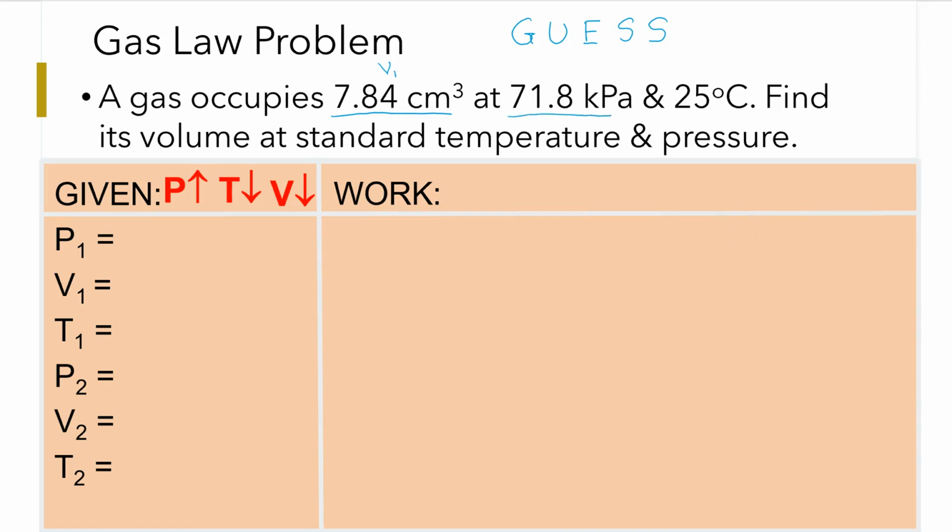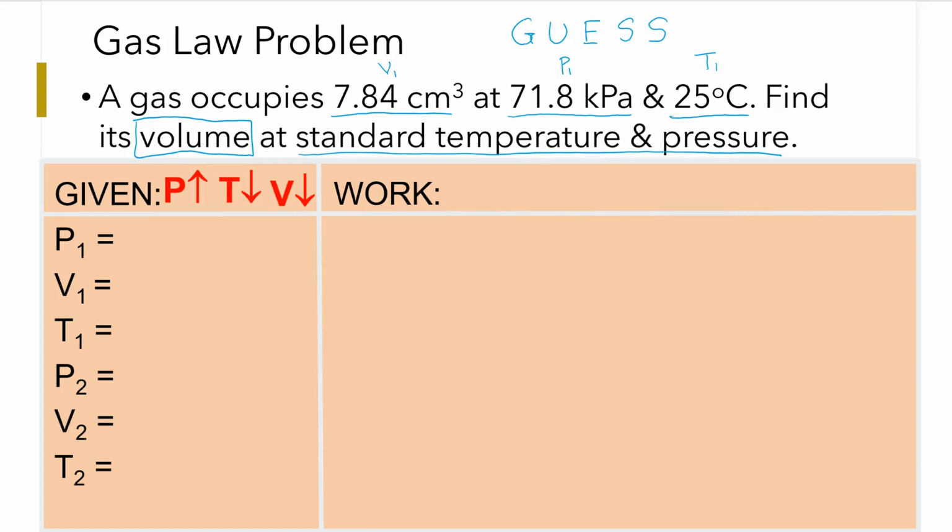So this is going to be my P1, and temperature is T1. Find its volume. To find the volume, that's going to be my unknown, so I'm boxing it, at standard temperature and pressure.